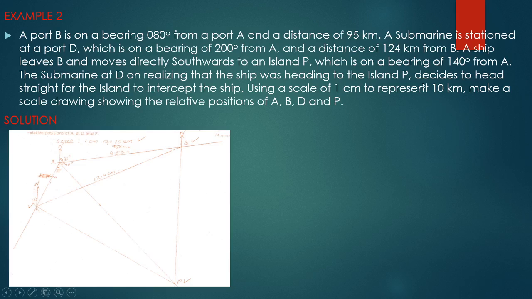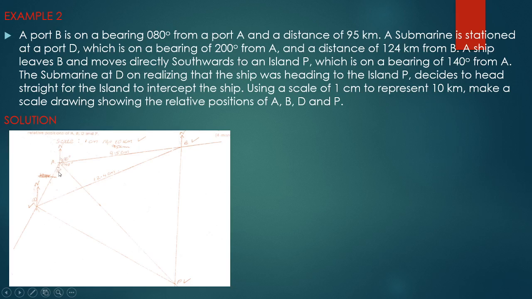Then we are told that a submarine is stationed at port D. The submarine is at port D, which is on a bearing of 200 from A. Now again we go back to A and locate D. We go back to A and locate D by measuring 200 degrees. So 200 degrees for us to measure, we first of all know 180 degrees. 180 degrees is from here up to here.